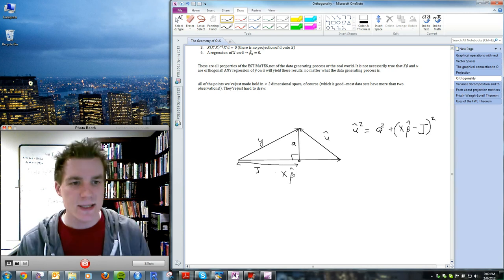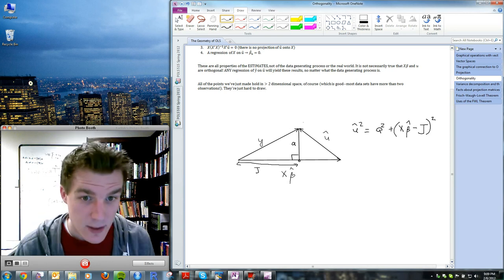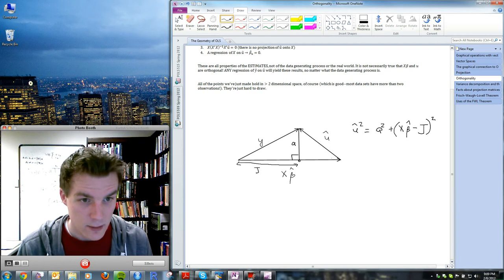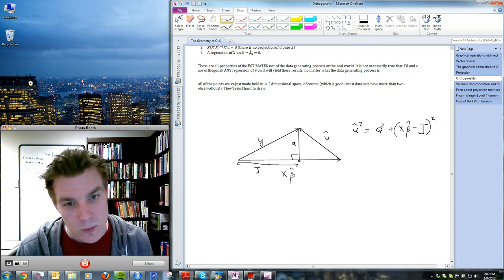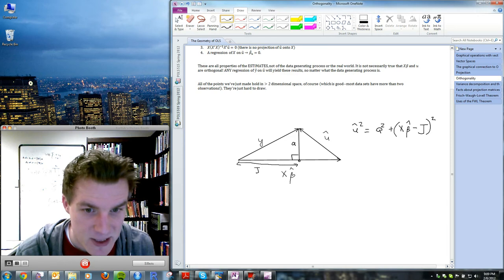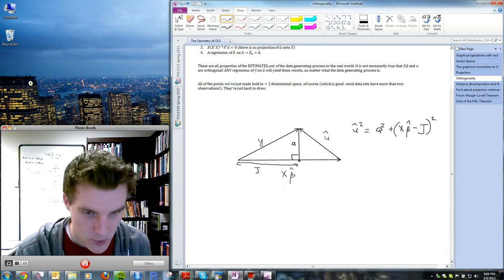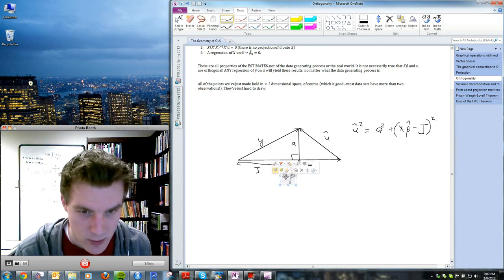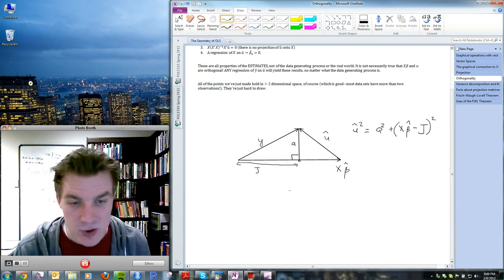So all I've done is say this length here is a squared, plus this length squared, which is x beta hat, which goes all the way out to there, minus whatever length j is.